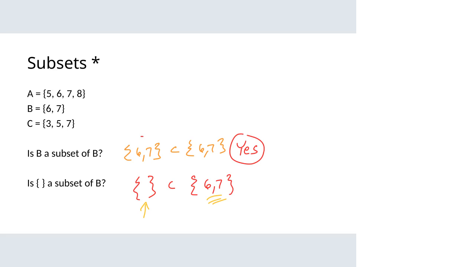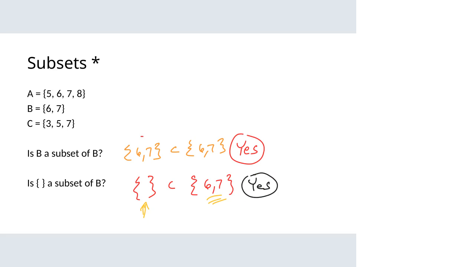And I'll give you a second on that, because this whole idea of the empty set as an abstract idea can be a little bit difficult. But remember our test. Our test is, is there anything that wrecks it? And Leslie, you're right. No, there's not. There's nothing in here that prevents it from being a subset. That's our test. There's nothing that prevents it. I can't say it's not a subset and here's why. There's nothing that prevents it from being a subset. So is the empty set a subset of B? Yes, it is.